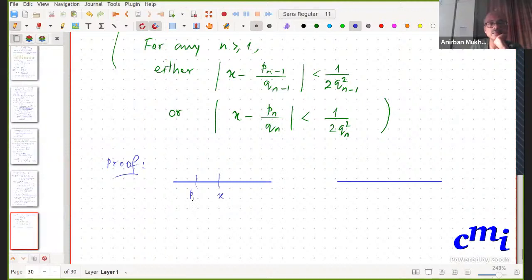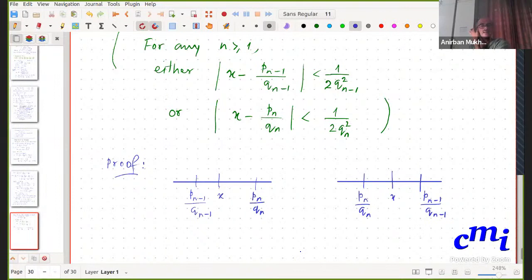It might be that the n minus 1th convergent is less than x and the nth convergent is more than x. That might happen. Or the other situation also might happen. We know that it depends on whether n is even or odd. So it might be either of these cases.